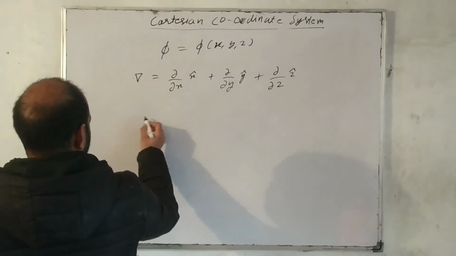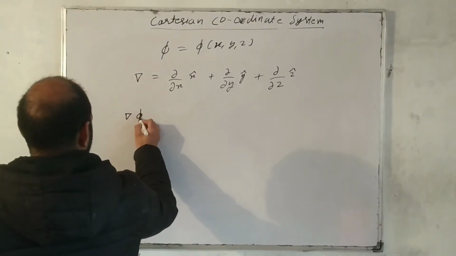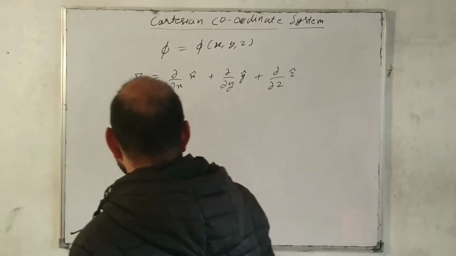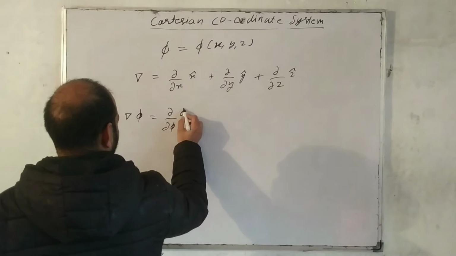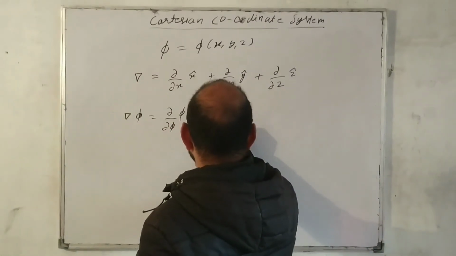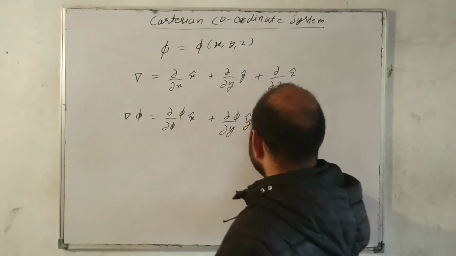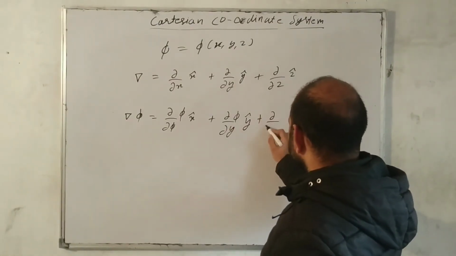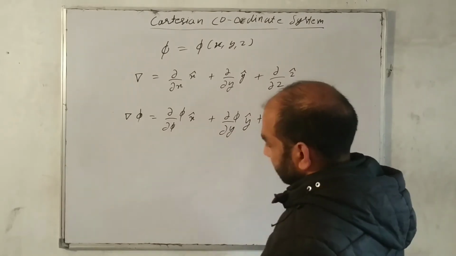Therefore the gradient of phi will be equal to del phi by del x along the x direction plus del phi by del y along the y direction plus del phi by del z along the z direction.